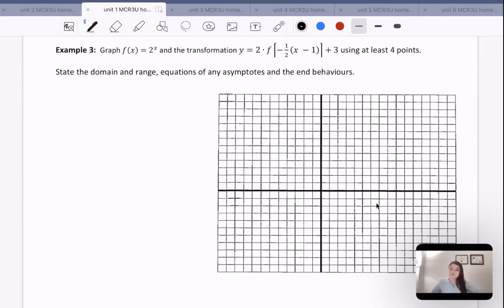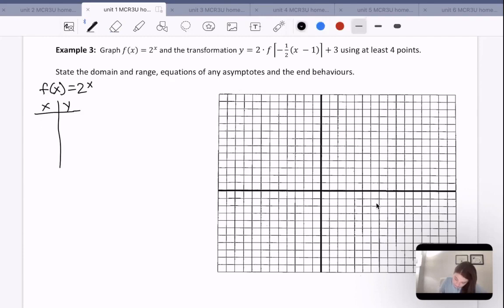So for this first one, y equals, or f of x equals 2 to the power of x. This is one of our parent functions. This is our exponential parent function. So what I'm going to do is choose some points that I think make sense for this parent function. So the points I'm going to select are going to be, let's see, maybe a half.